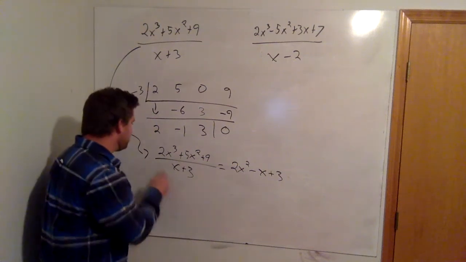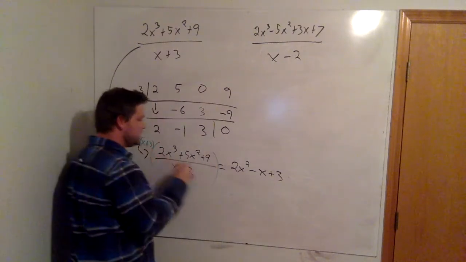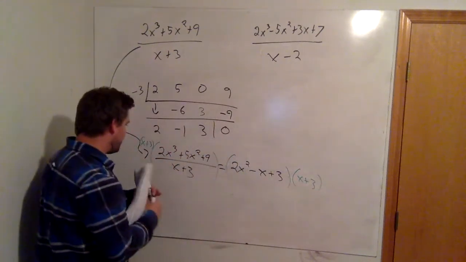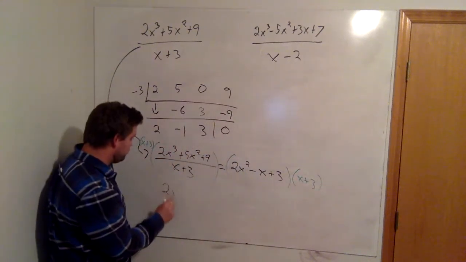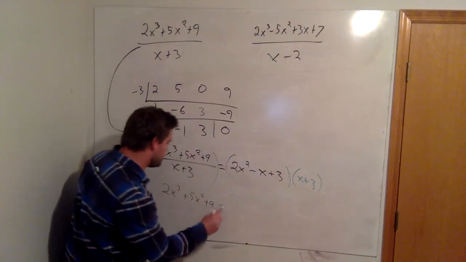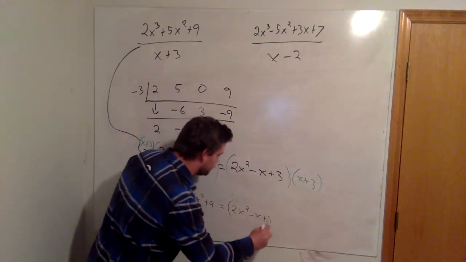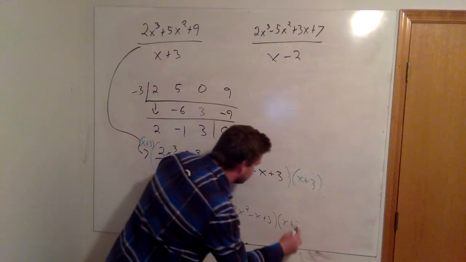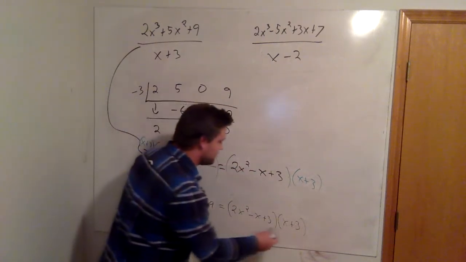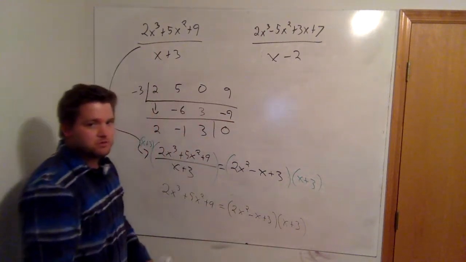What's great is if I multiply both sides by x plus 3, I have that 2x cubed plus 5x squared plus 9 is equivalent to 2x squared minus x plus 3 times x plus 3. Notice I've broken down this polynomial into the product of two smaller polynomials. I've essentially been able to factor this. This is beautiful.